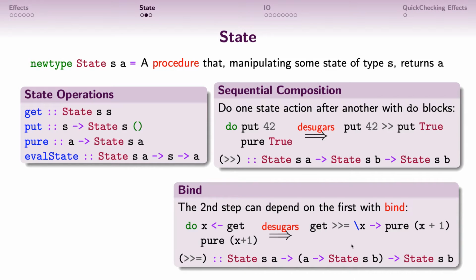So essentially it's saying do this stateful computation that returns an A, and based on the A, I'll decide what to do next. And then I'll do that stateful computation, and it puts these two things together to give you an overall stateful computation that returns a B. So sequential composition here is actually just the same as bind, except it ignores this A value.